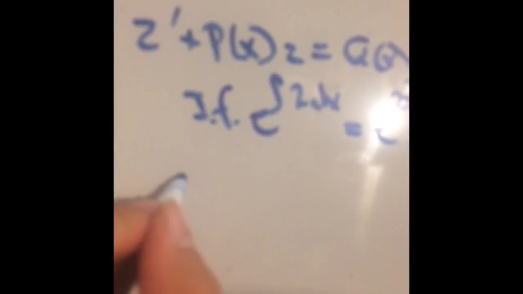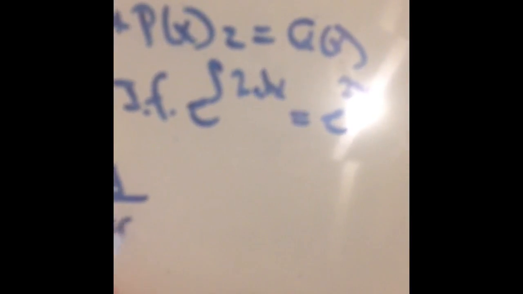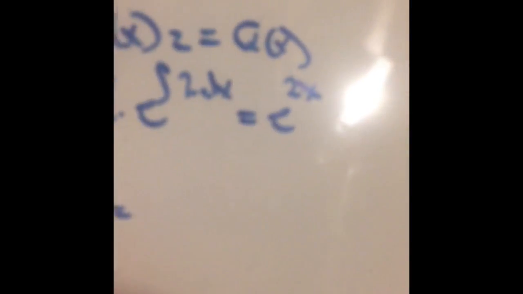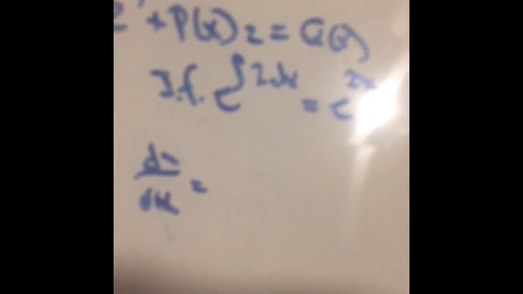And so then we have d/dx of e to the 2x z equaling e to the 2x.